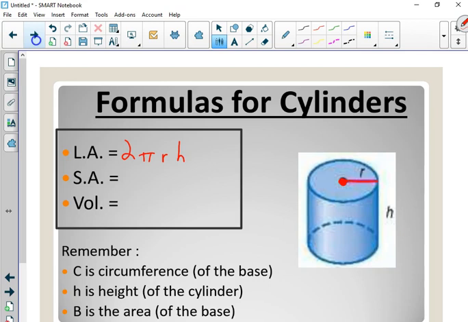The surface area is going to be the lateral area again, plus 2 pi r squared. Pi r squared is the area of the circle, so 2 pi r squared is the area of both bases. And the volume is going to be pi r squared h.